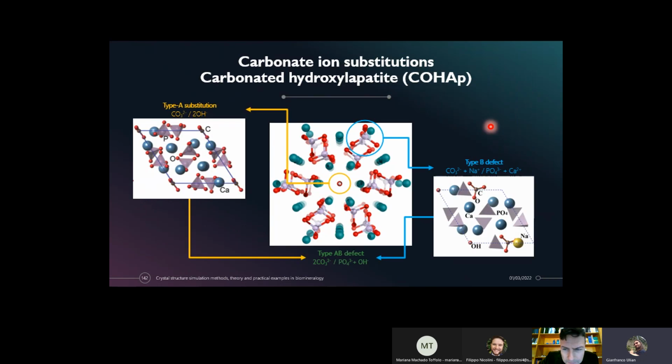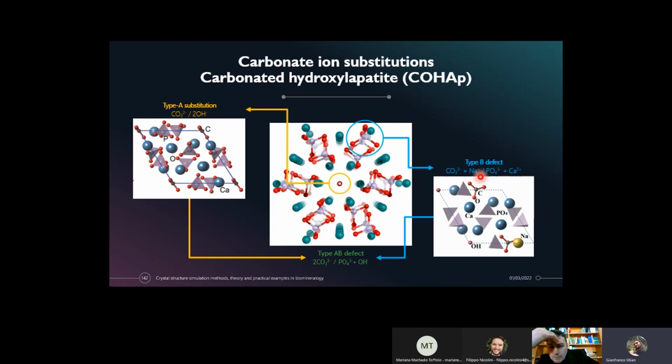So, being an anion and having two anionic sites, the carbonate ion can either occupy the sites of the hydroxyl group, substituting the hydroxyl groups, or those of the phosphate groups. In the first case, we have the so-called type A substitution or defect.